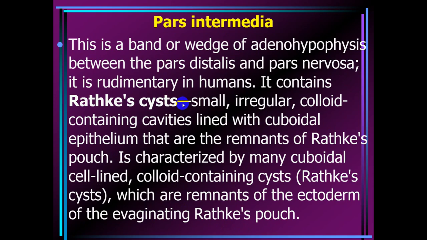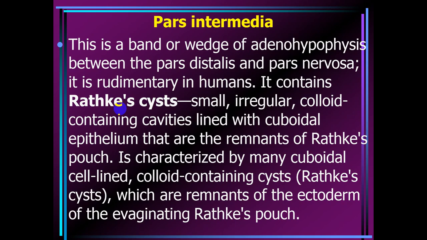The second hormone-active part of adenohypophysis is pars intermedia. It contains the Rathke's cysts, which are small, irregular, colloid-containing cavities lined with cuboidal epithelium, and they are remnants of Rathke's pouch.